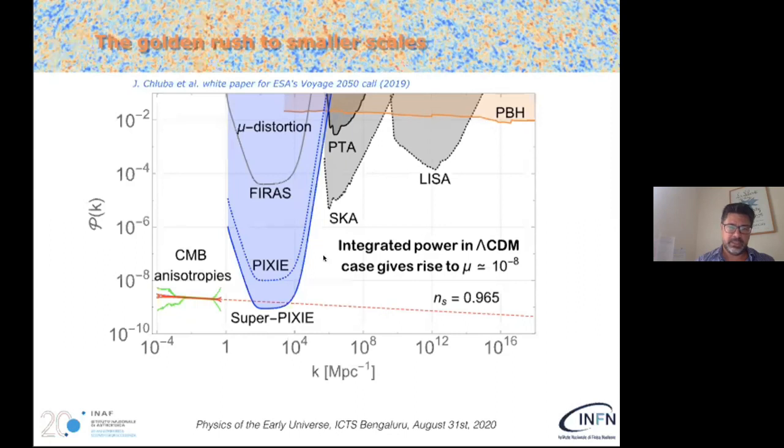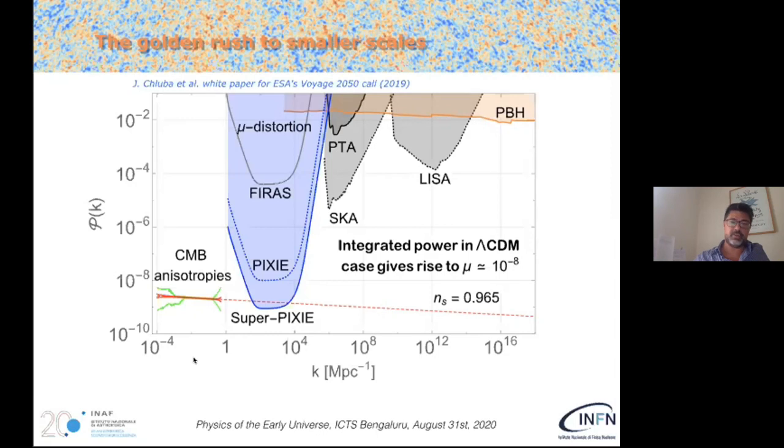Here I'd like to stress that there are models with enhanced small scale power, as worked on by Subodh, which could be immediately ruled out by experiments which probe spectral distortion to a very ambitious level, as proposed by PIXIE, or experiments which go beyond PIXIE, like Voyage 2050.